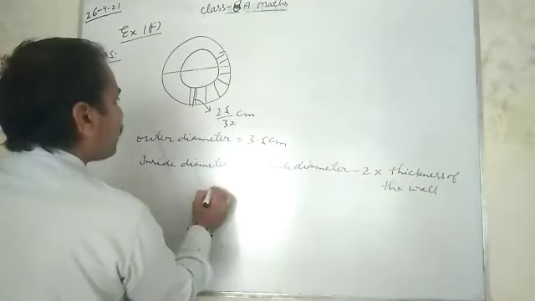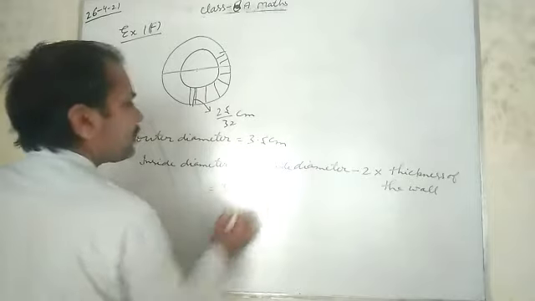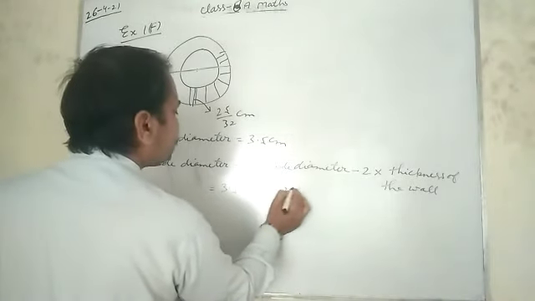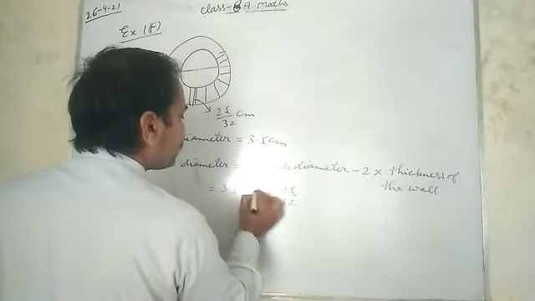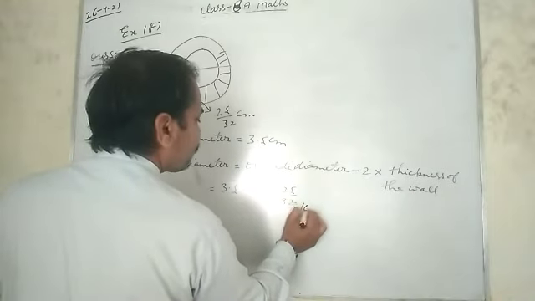So outer diameter is 3.5 centimeter minus 2 into thickness, 25 by 32 divided by 2, so 16.